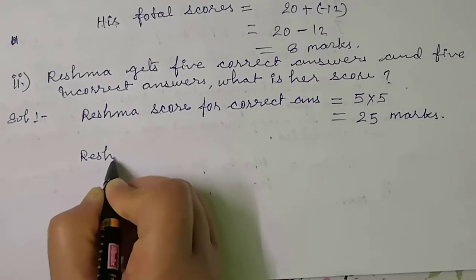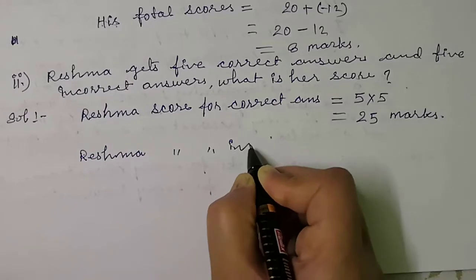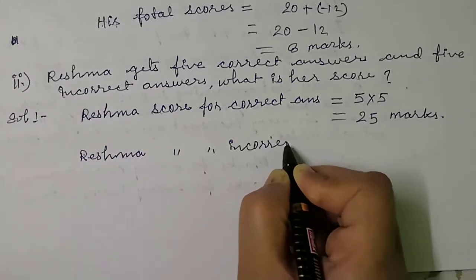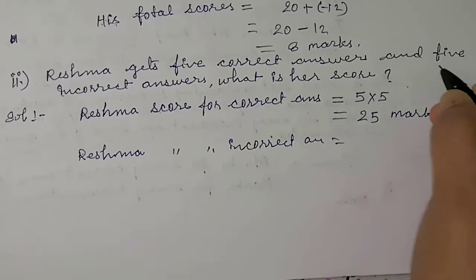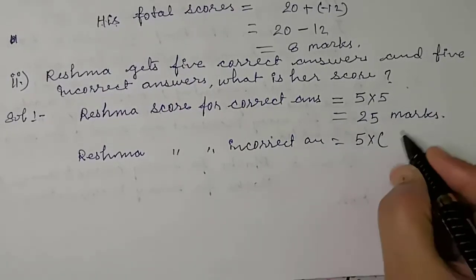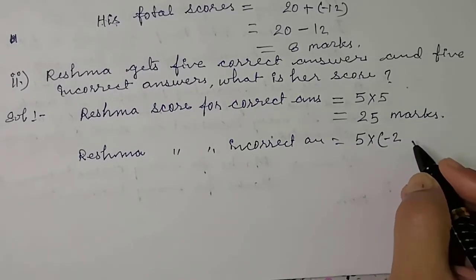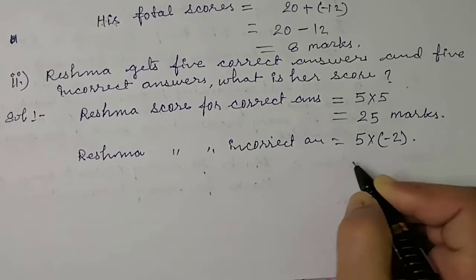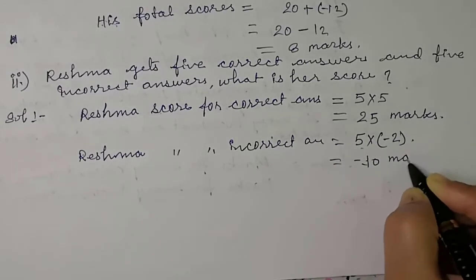Again, Reshma's score for incorrect answers, that is 5 incorrect also, and the marks for incorrect answer, that is -2. I have already written in the question. 5 2s are 10, -10 marks.